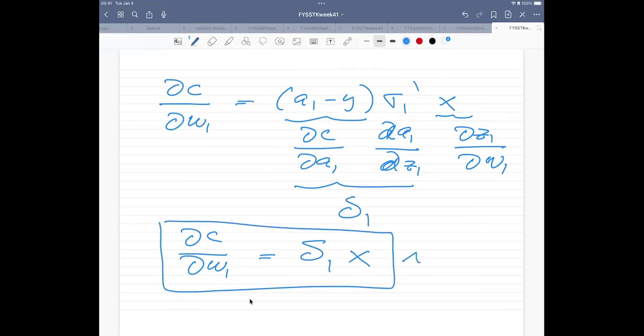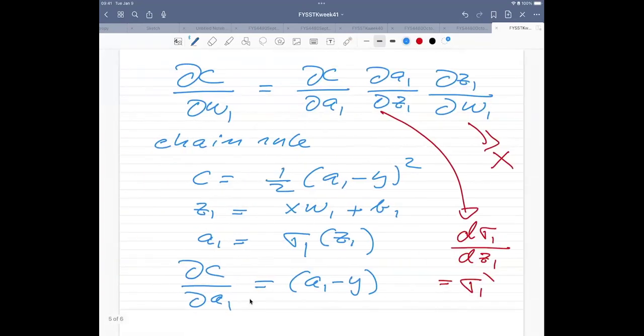We need another one, which is dC/dB1. Let's go back and see what that one looks like. That is actually much simpler. If we look at the expressions we had here, I could put B1 here.